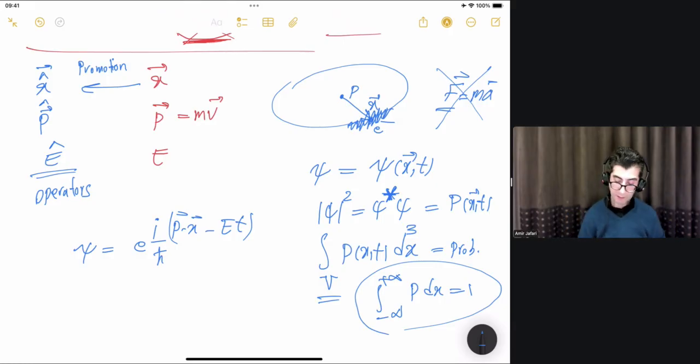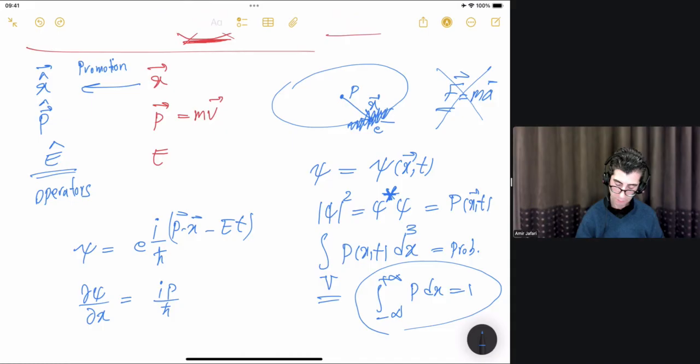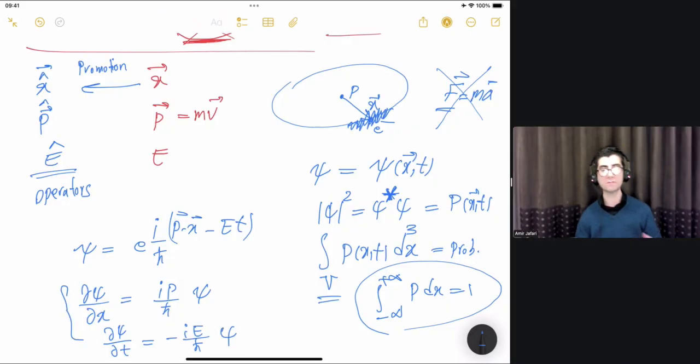So if you take the derivative of this function with respect to x, you're going to get i p over h bar psi. And if you take the time derivative, you're going to get minus i E over h bar psi. These are just simple derivatives with respect to time and x of a simple exponential function.